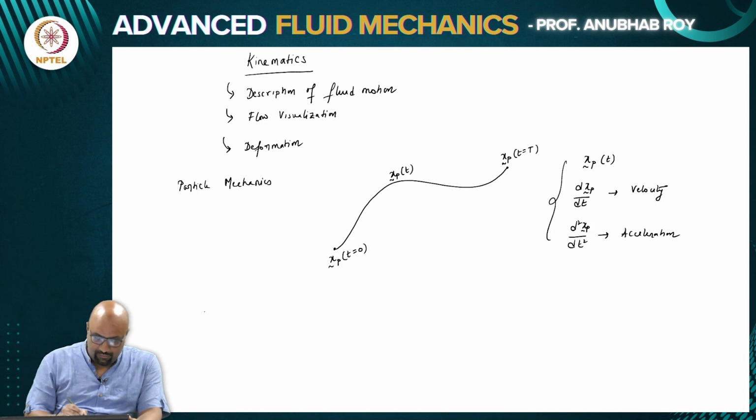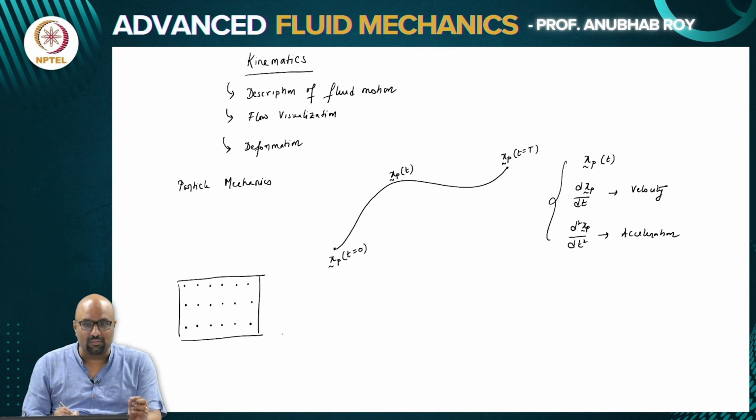If I were to view a fluid in terms of particles, so I am basically now saying, let us think of fluid being made up of particles, and by particles here I do not mean molecules, I do not mean fluid molecules. Rather, I am saying that there are these infinitesimal elements in the domain which I am going to track, these fluid particles. So, it is a thought experiment.